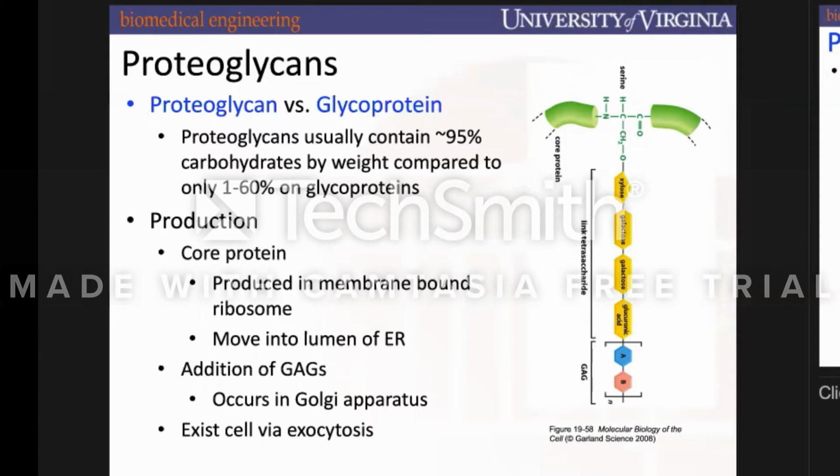Some of the key functions to keep in mind of glycoproteins when they're glycosylated, or when they have those sugars added, is that it alters, and oftentimes improves, their ability to bind to growth factors and to bind to integrins.